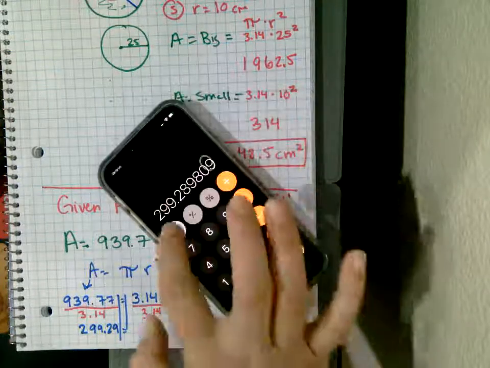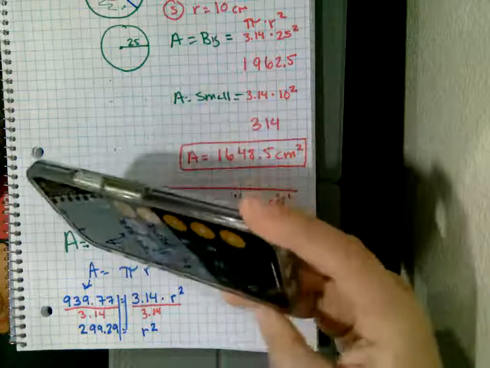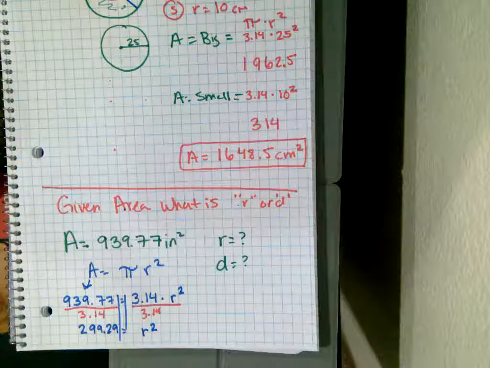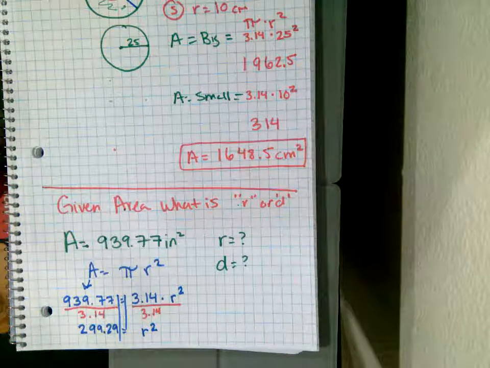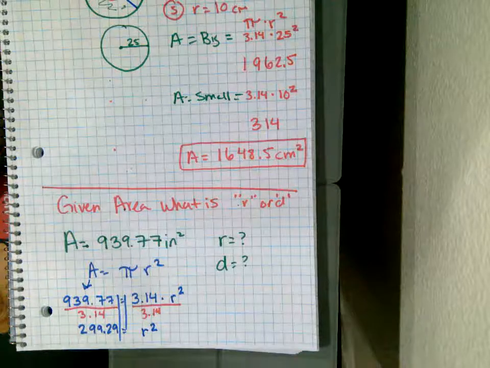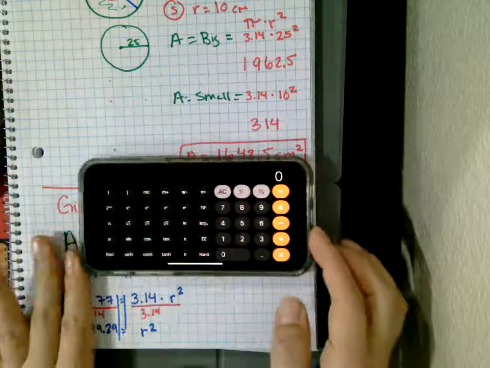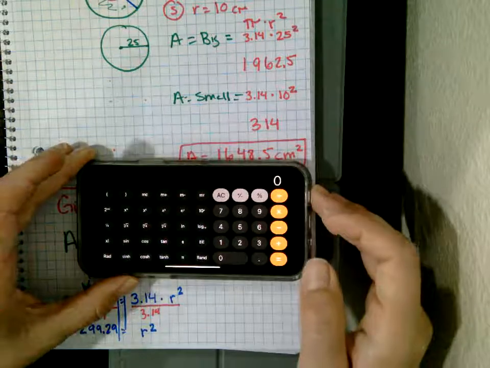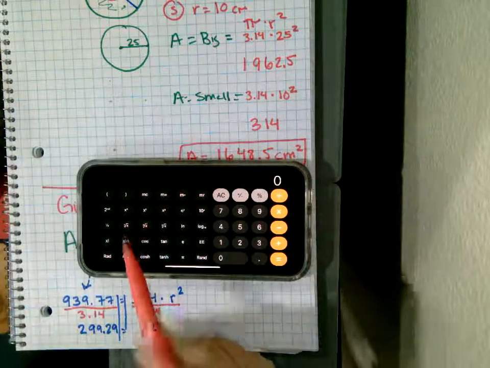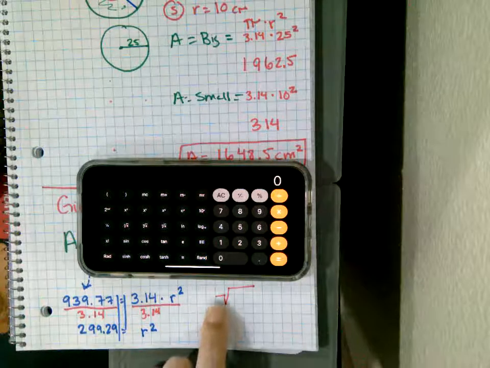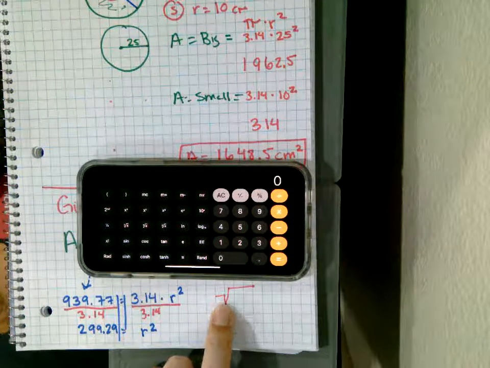If you turn your calculator sideways on your phone, you will see a square root, a symbol that looks like a division sign, but it has this funny little line on the side of it.